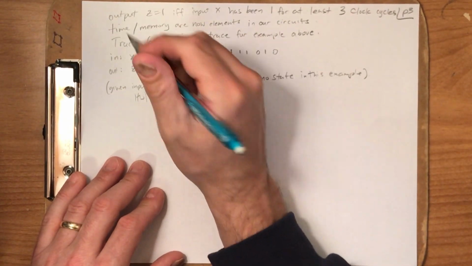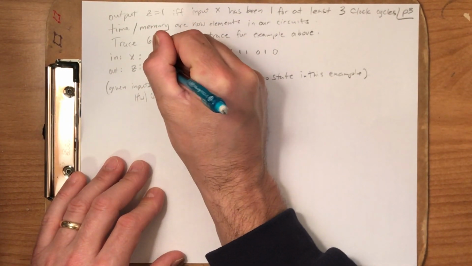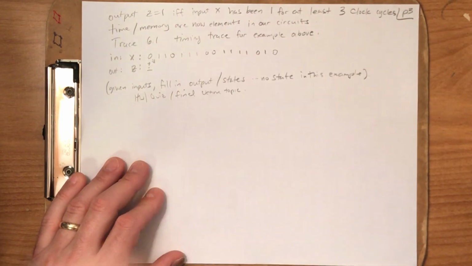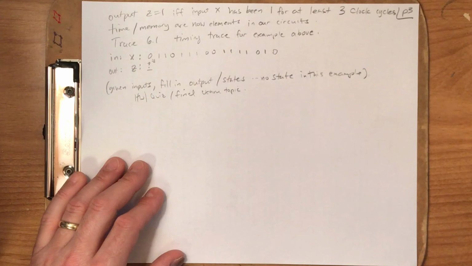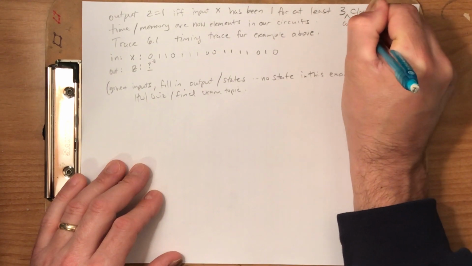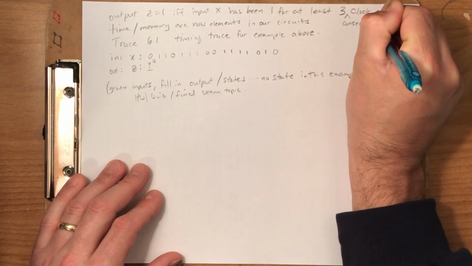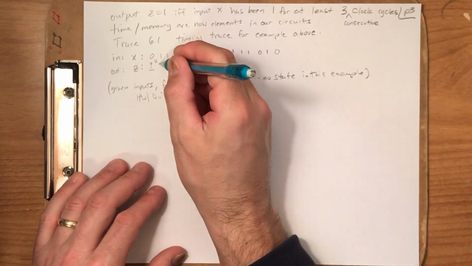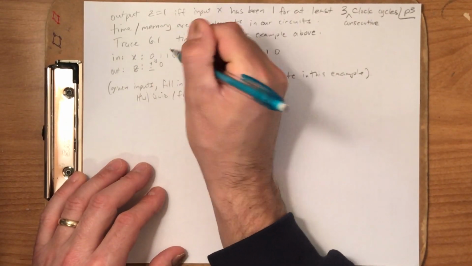What's not in the book is these arrows I'm going to show you. This 0 tells you what comes next. I should go up here and add the word consecutive, 3 consecutive clock cycles. So if we have a 0 here, the output's going to be 0.